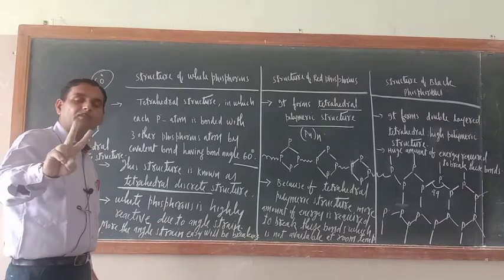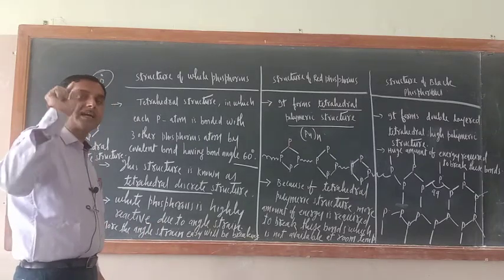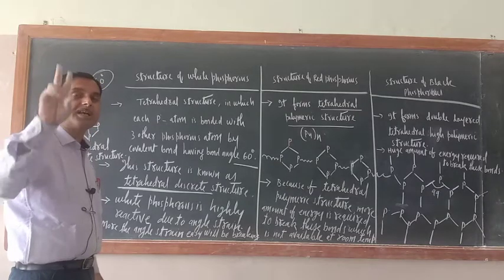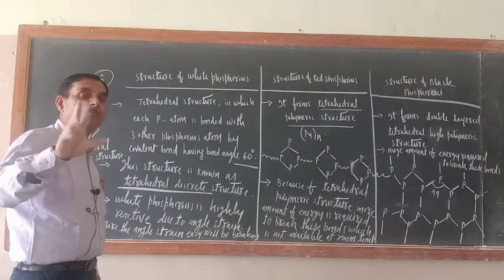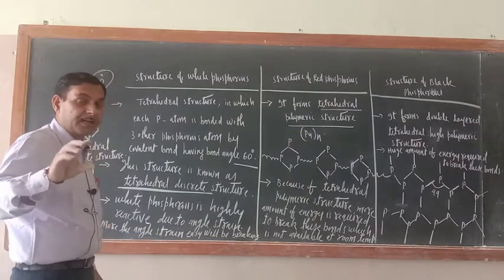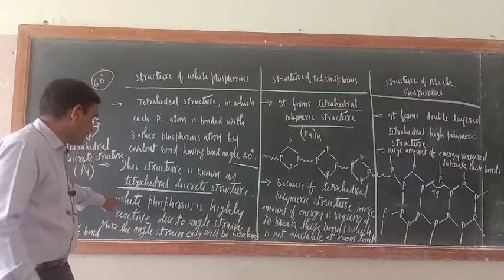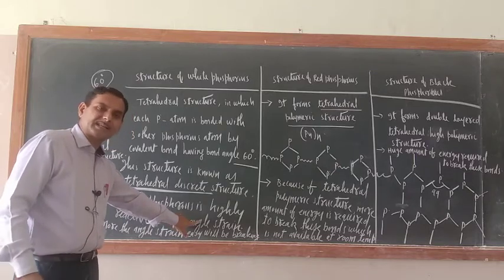So why is white phosphorus more reactive? Because it forms a tetrahedral discrete structure where its bond angle is 60 degree, which is very less. Because of this less bond angle, they feel strain, bond angle strain. White phosphorus is highly reactive due to angle strain.